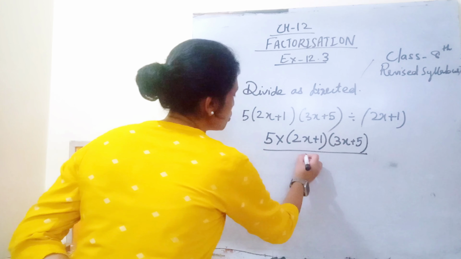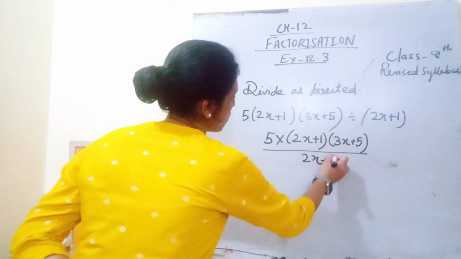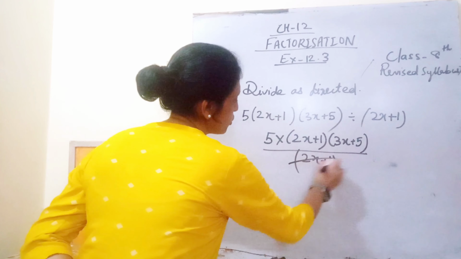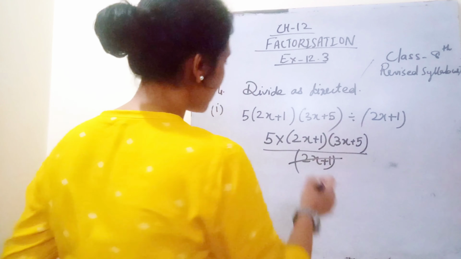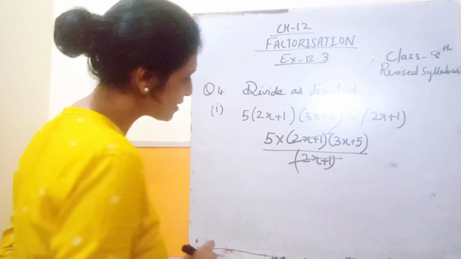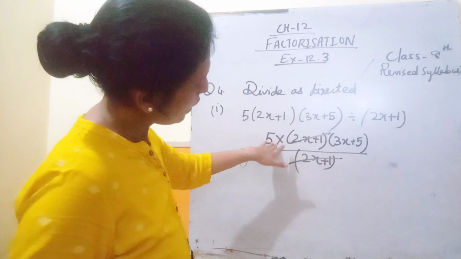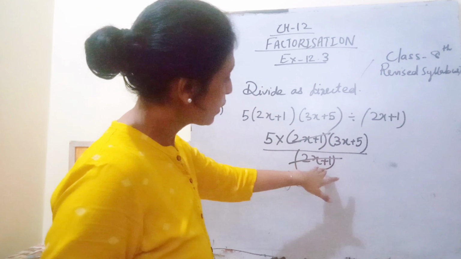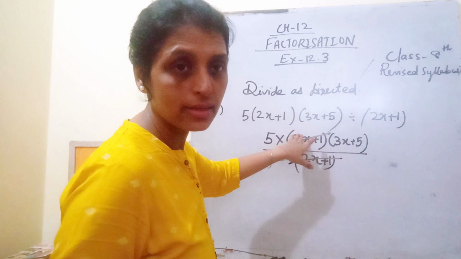upon (2x + 1). So children, in the denominator 2x + 1 is there, and in the numerator also 2x + 1 is there. It will get cancelled. When these terms are multiplied, only then can we cancel it.